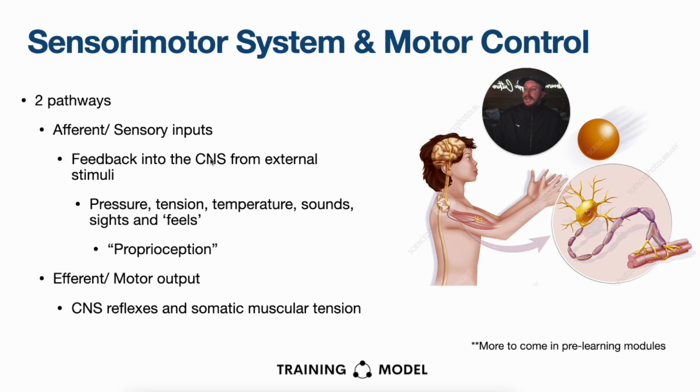These inputs come from things like pressure, so feeling and sensing pressure, tension within muscles and tissues within the body, and temperature. If I touch something hot, I'm receiving temperature-based inputs into the system, which is going to cause a reflexive movement within the system. Sounds can alter what we're doing and what we're sensing, as can sights and what we're looking at. And then finally, we have feeling, just general feeling.